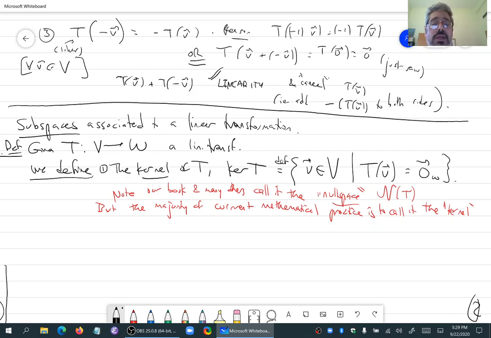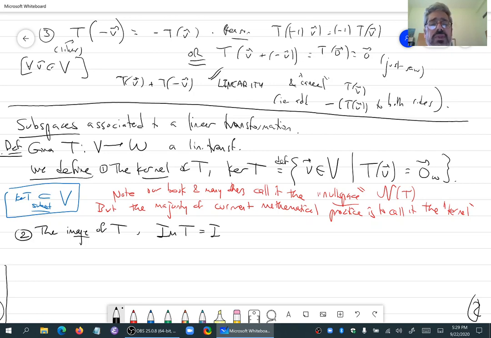Okay, so the way we've defined this, all we know is that the kernel of T is a subset. We do not know yet whether it's a subspace, because it's those vectors which are sent to 0, and I'll give an example in a minute. Now the second thing is the image of T, and I'll write it as im T or maybe image T, depending on if I need all the letters.